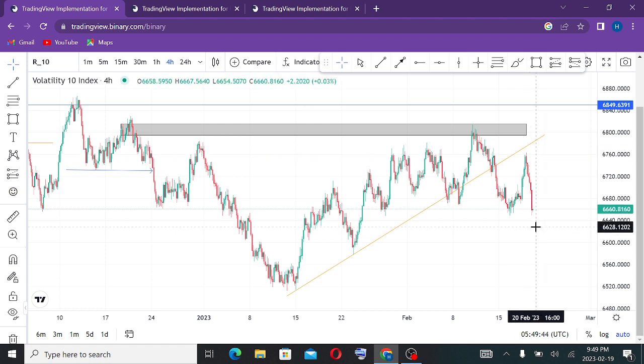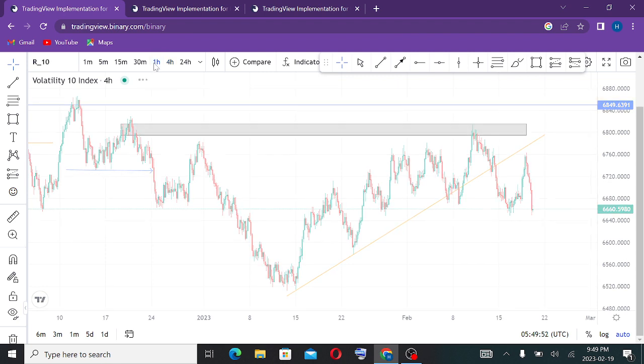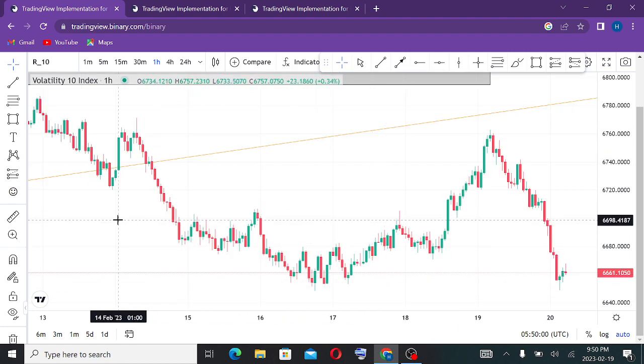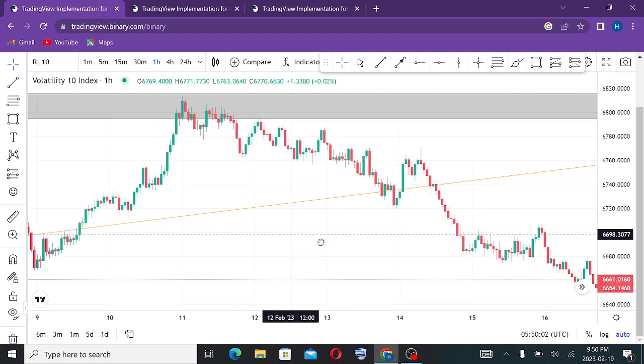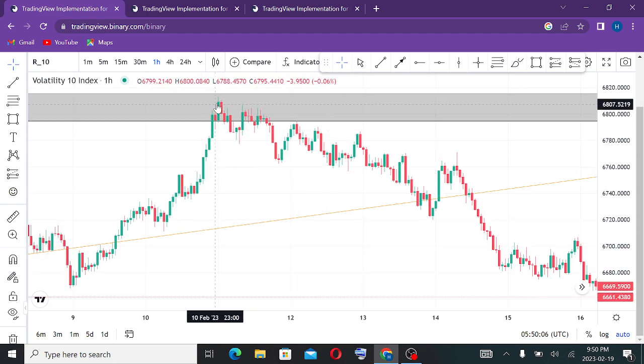But now that's not even the point. The point is, how would we have entered at this point? Now we'll go to the lower time frame. You can see the market pushed up, created a base, and then pushed up.